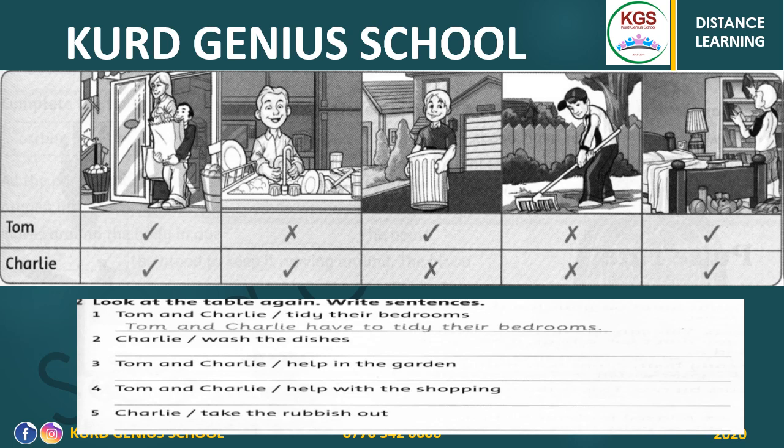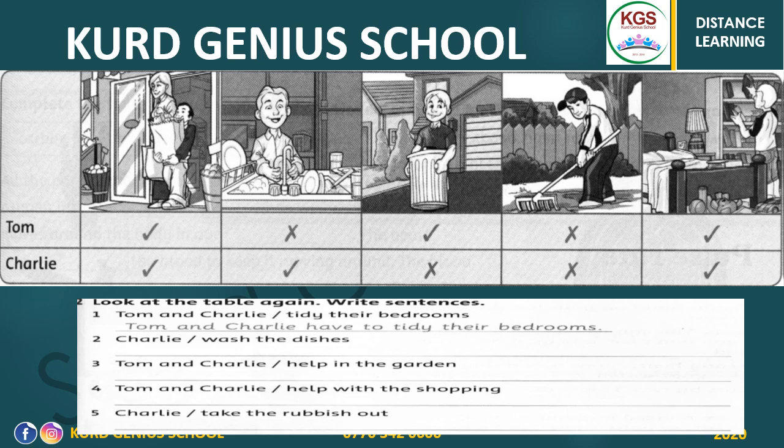Now let's go to the second one. Charlie. Let's look at Charlie and see whether he has to wash the dishes or not. Well, yeah, we see in the picture that Charlie is actually washing the dishes. So Charlie has to wash the dishes. Okay, let's move on to the next one. Number 3, Tom and Charlie / help in the garden.